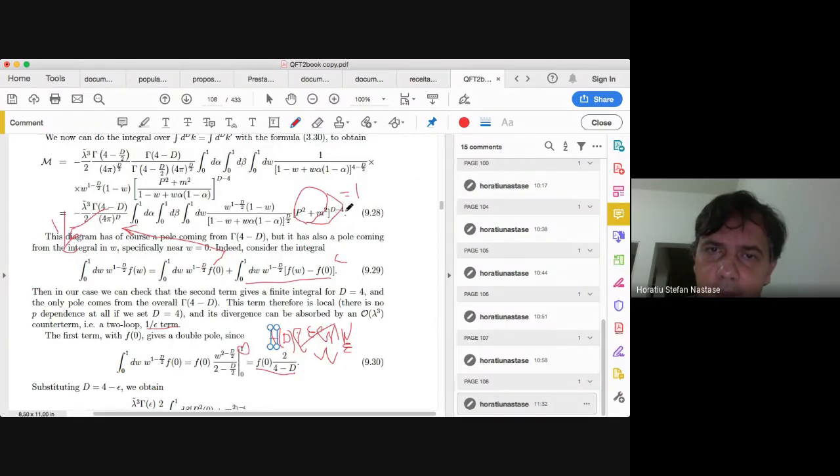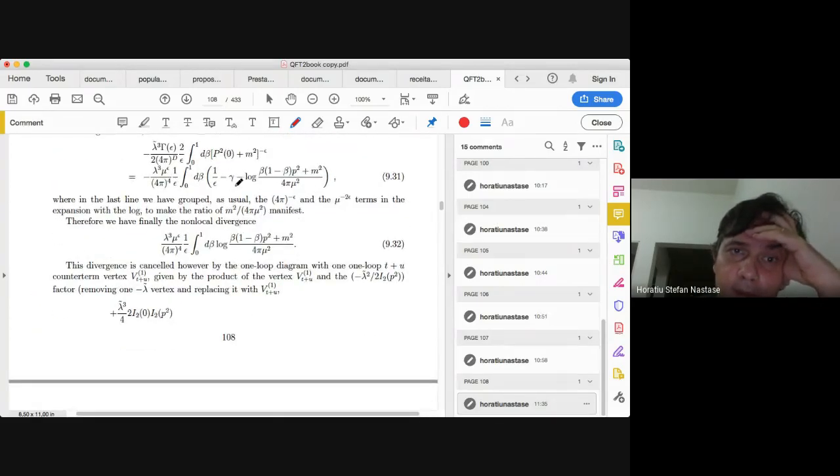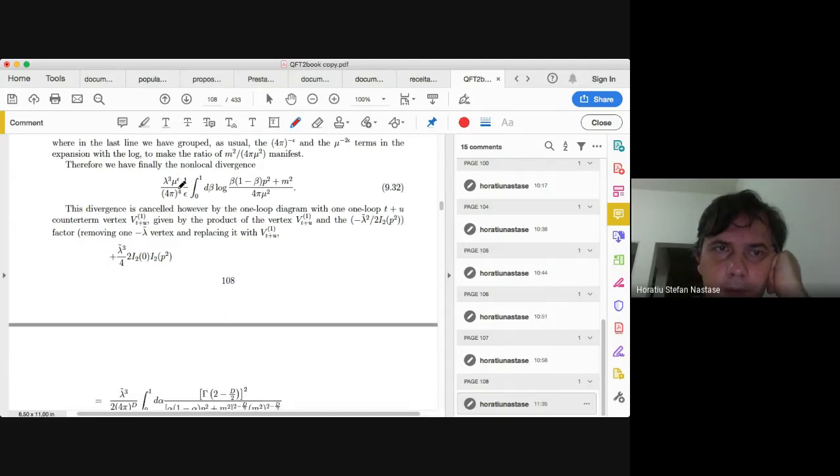If I expand in epsilon, this is 1 plus epsilon dot dot dot. So if I expand, then I get this local divergence plus a p-dependent part, and the same thing for the overall divergence.